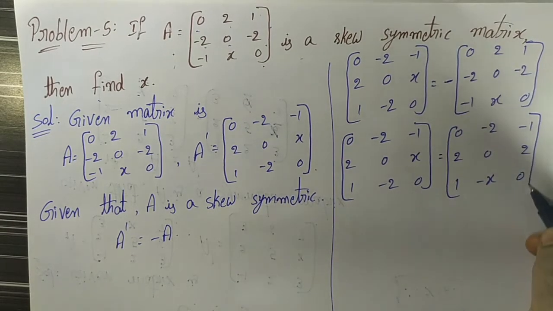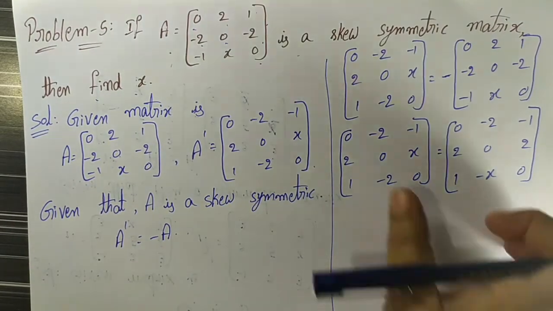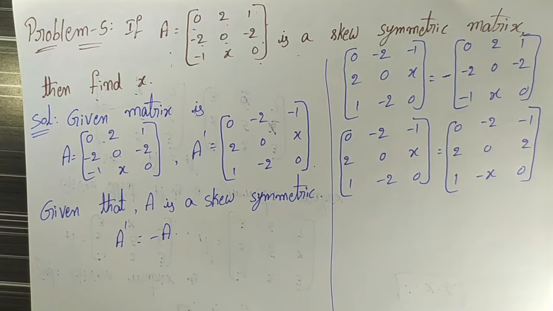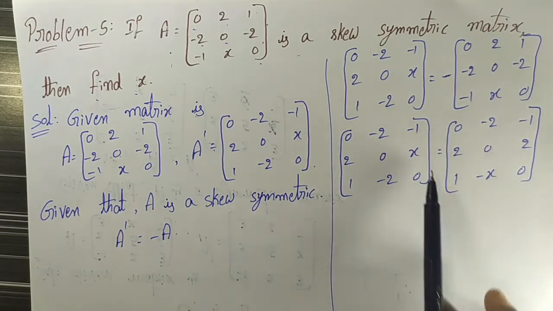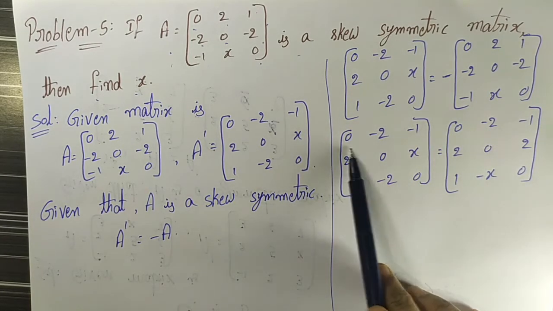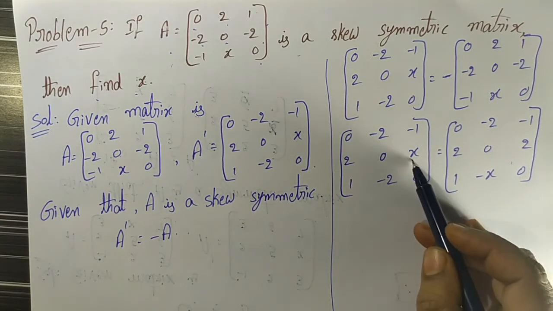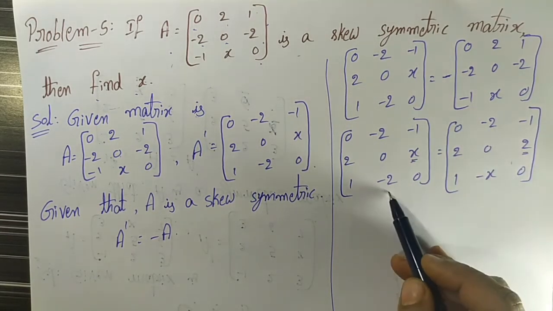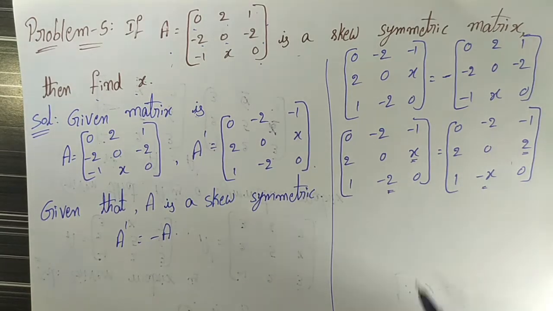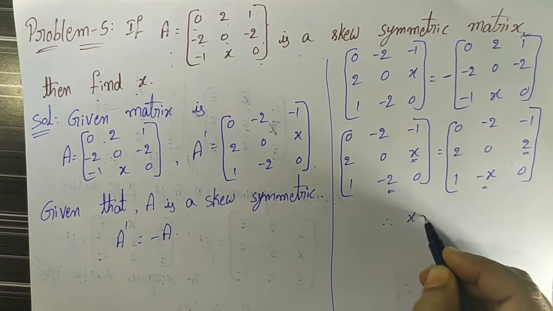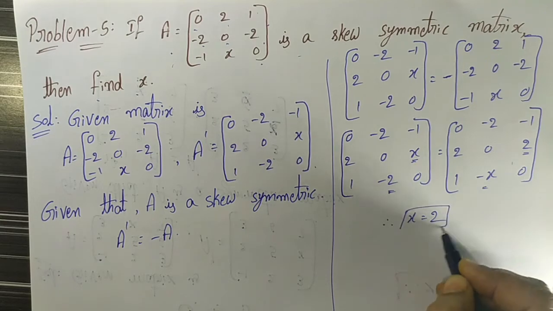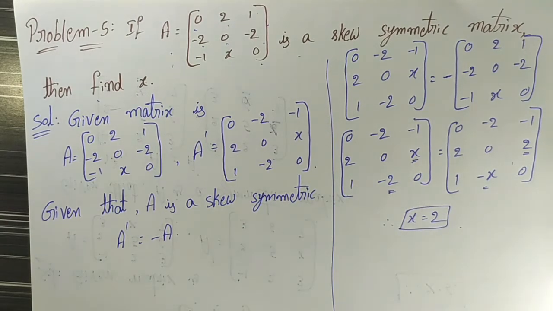In this also, if any two matrices are equal to each other, then their corresponding elements are also equal. By using that condition, we have x equals 2 and -2 equals -x. Then easily we know that x equals 2. This is the solution of problem number 5.